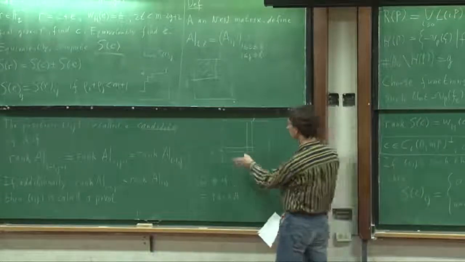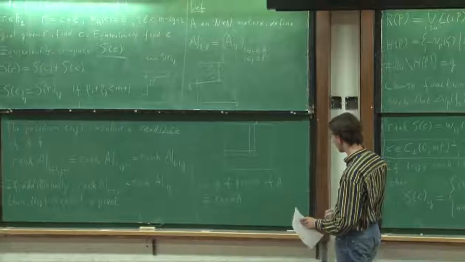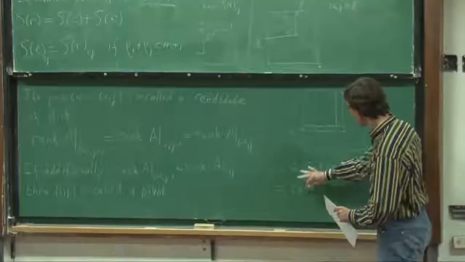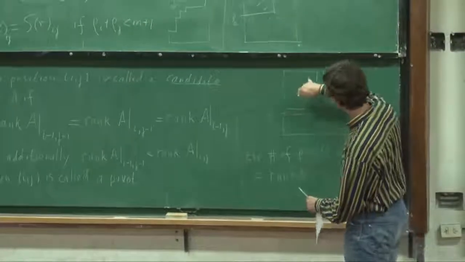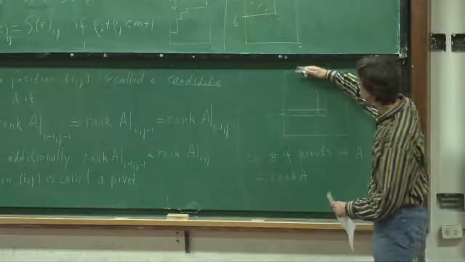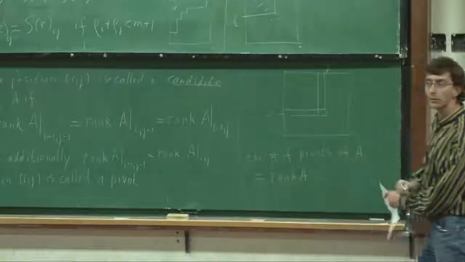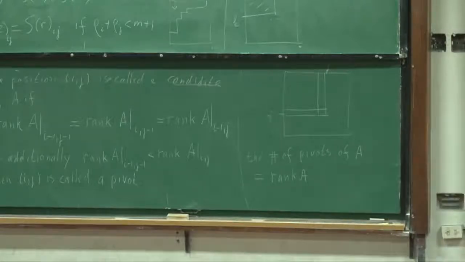But otherwise, we can just do elementary operations on the matrix. So these tell you something about the rank, but it tells you more. It tells you, so to say, where the jumps in rank occur if you incrementally increase the number of rows or columns.